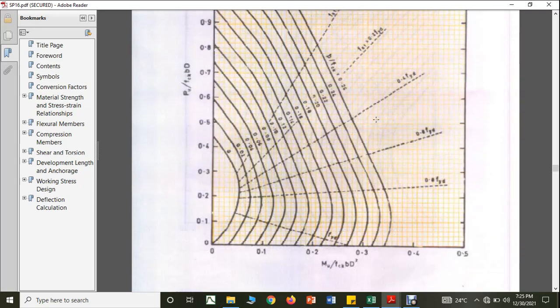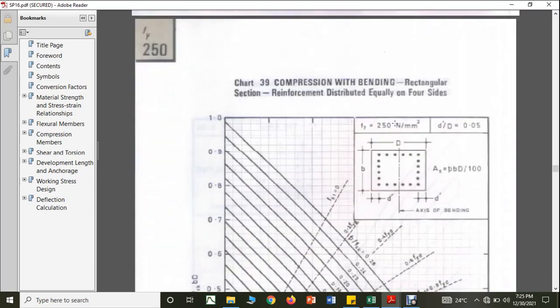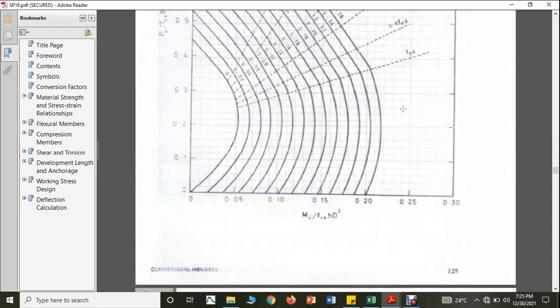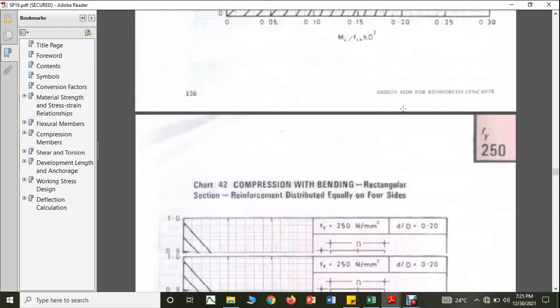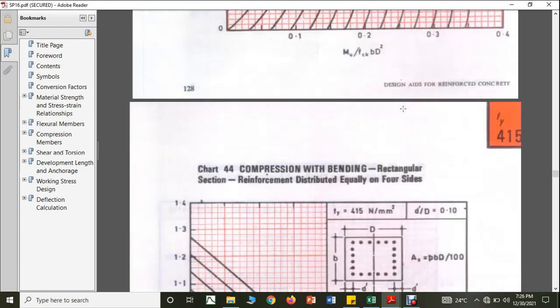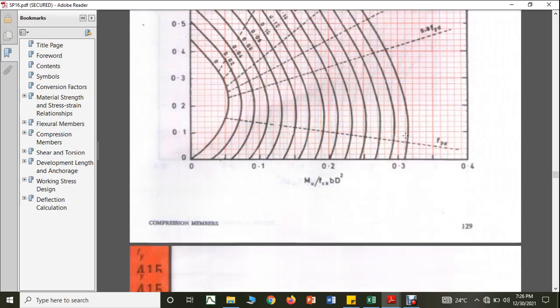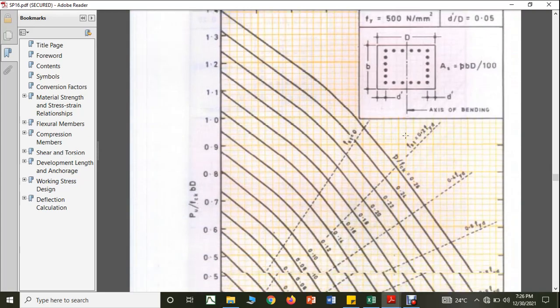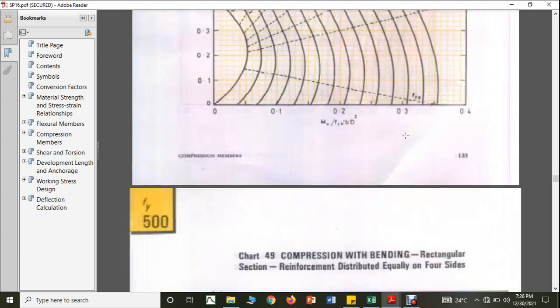Then the charts again start with Fe250 for different values of d dash by d with rectangular columns, but reinforcement provided on four sides. So these are all for Fe250 with reinforcement on four sides. Then Fe415 with reinforcement on four sides, then similarly Fe500 with reinforcement on four sides.